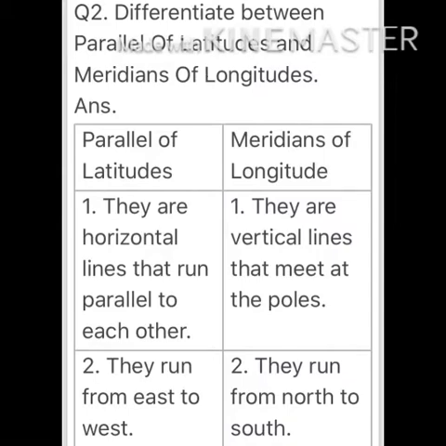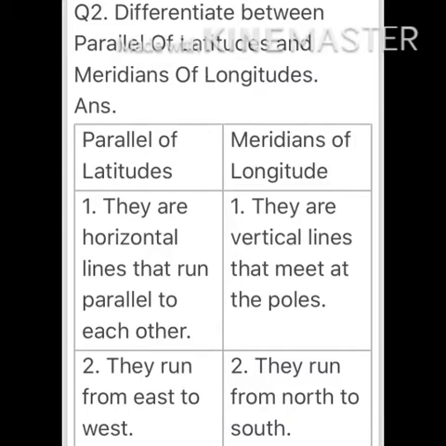After that, start writing the very first point under parallels of latitude. They are horizontal lines that run parallel to each other. Write down under meridians of longitude: They are vertical lines that meet at the poles.